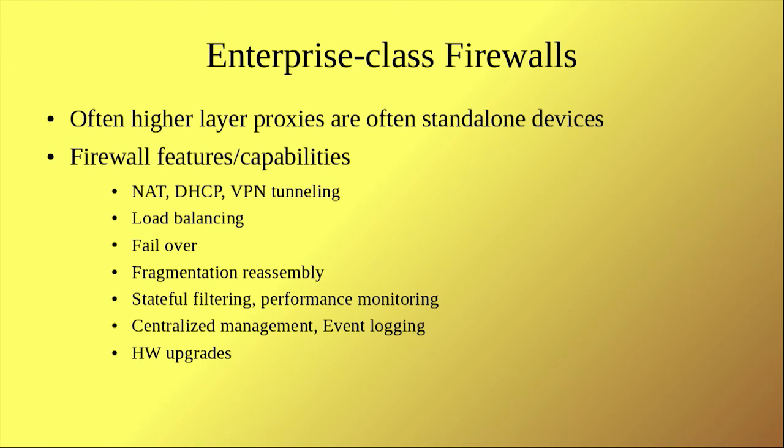So, fault tolerance and load balancing are two features that you expect out of a firewall, because these are supposed to be 99.999% available systems. These firewalls can also do fragmentation and reassembly of packets, because since it works as a proxy, there could be a different packet length on one side of the proxy and a different packet length on the other side. So, these can do those kinds of fragmentation and reassembly of packets.